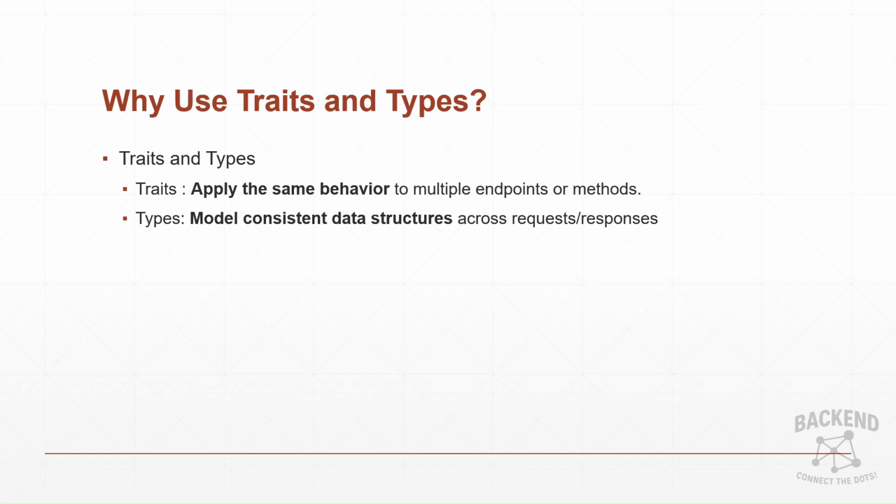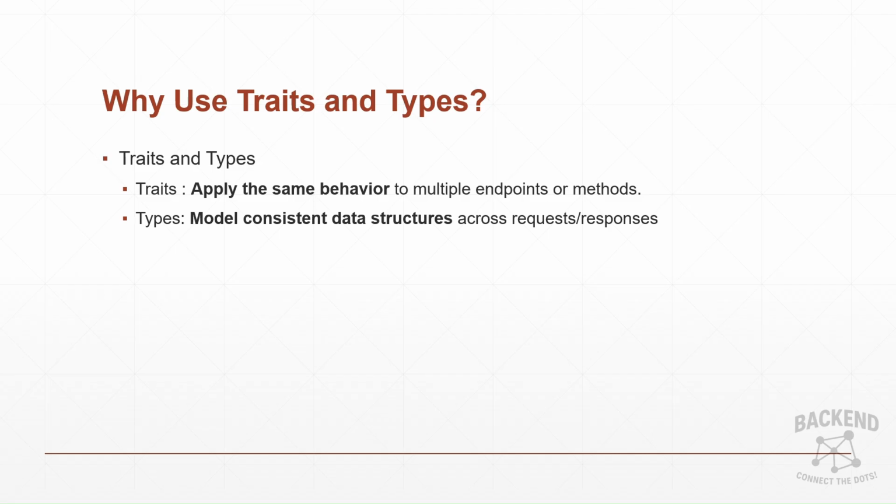So it's better to keep it in a type, and you can use that type in your endpoint. While creating the RAML itself, you will mention what the type of request is that you are going to accept to your endpoint.